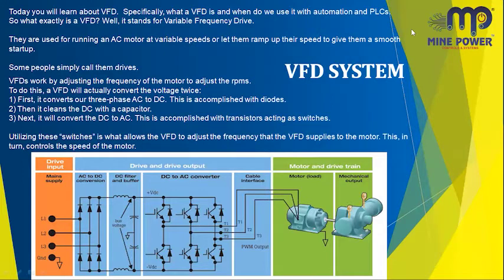The DC filter is used so that a pure DC supply is given to the next part. So through the AC to DC converter and the DC filter, pure DC supply is sent to the DC to AC converter. The DC to AC converter converts the DC supply to an AC supply, because most AC motors run only on an AC supply.